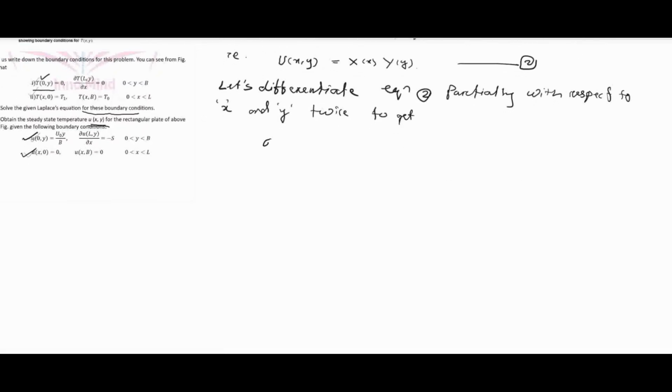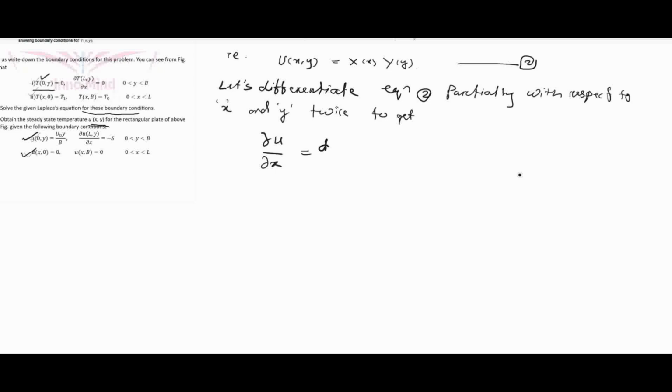We will get del u by del x is equal to, at the time of differentiating a function partially with respect to one variable, the functions of other variables are taken as constants. So here, because we are differentiating u with respect to x, Y will be taken as constant.